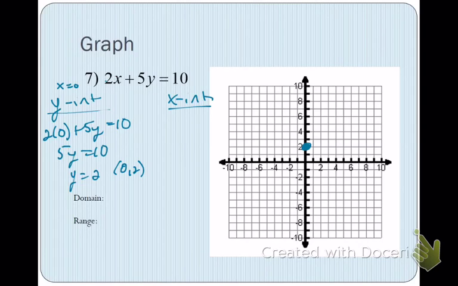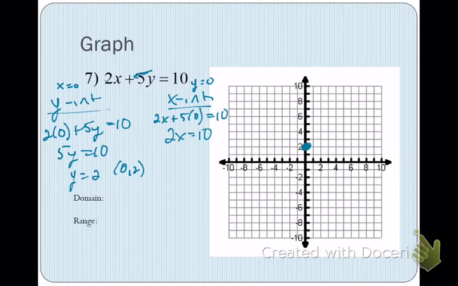Now, same thing for the x-intercept. If you're going to be an x-intercept, that means you have to be on the x-axis. In order to be on the x-axis, y has to be 0. So we can take 2x plus 5 times 0 and set it equal to 10. 5 times 0 is 0. 2x plus 0 is 2x, and so we get 2x equals 10.